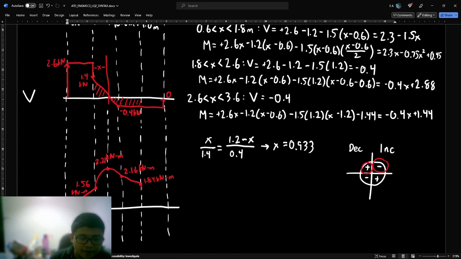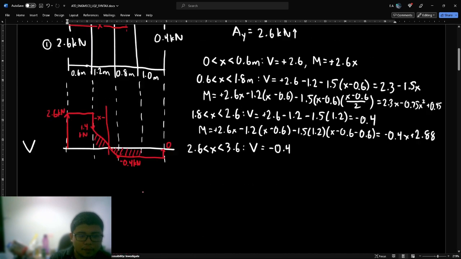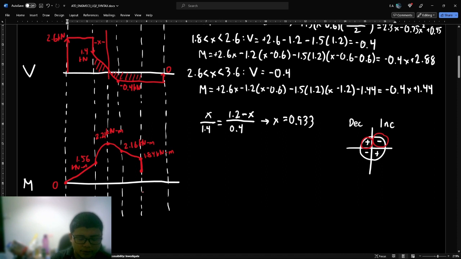Then we also have an external moment of 1.44 kilonewton meters, so we subtract 1.44 from 1.84 to get 0.4 kilonewton meters. Lastly, we have another rectangular area here with base 1 and height 0.4.